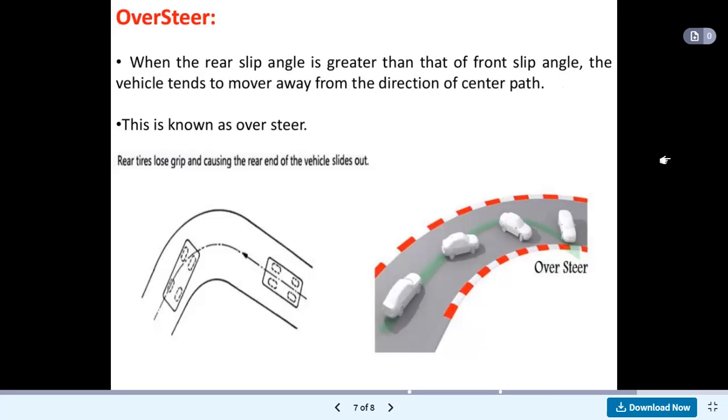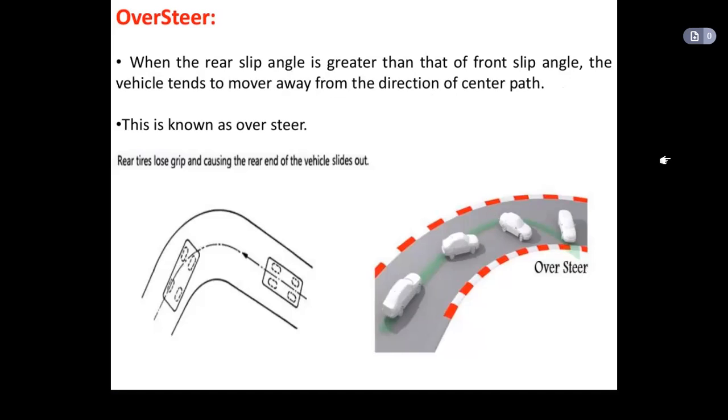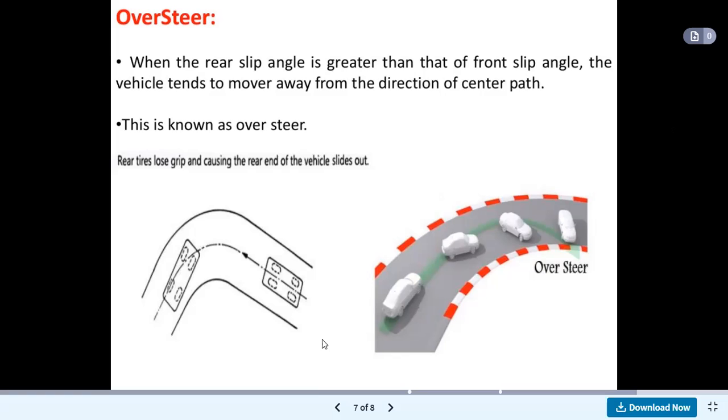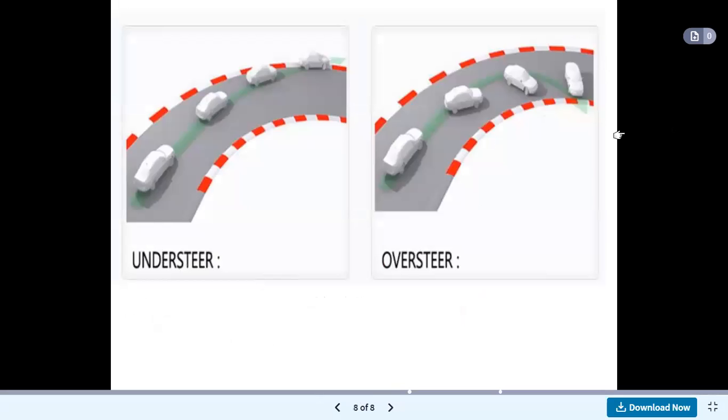Okay, so the direction of center path, we know from that diagram, and the motion of the vehicle takes place away from it, and this is known as oversteering. In the first diagram, the rear tires lose grip, causing the rear end of the vehicle to slide out.